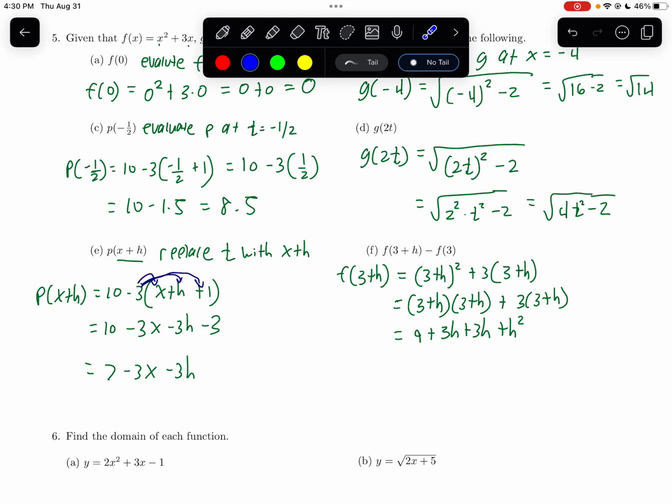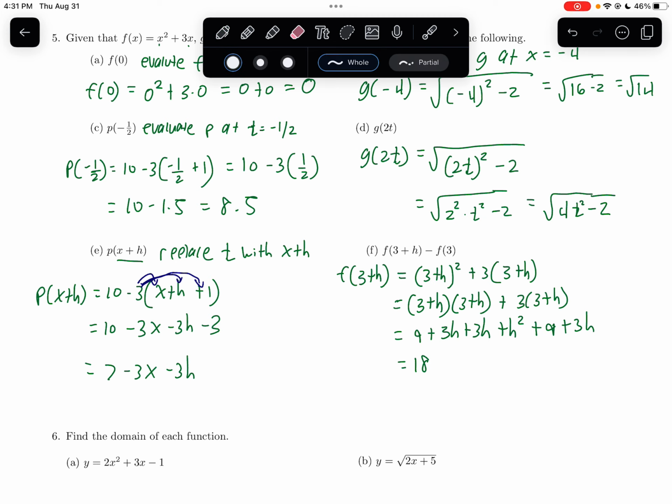H times 3, 3h, right? And then h times h is h squared. And then for the second term here, I'm going to do this now, so that would be 9 plus 3h. And there's a bunch of stuff here that will simplify. So you'll end up with 9 plus 9 is 18.